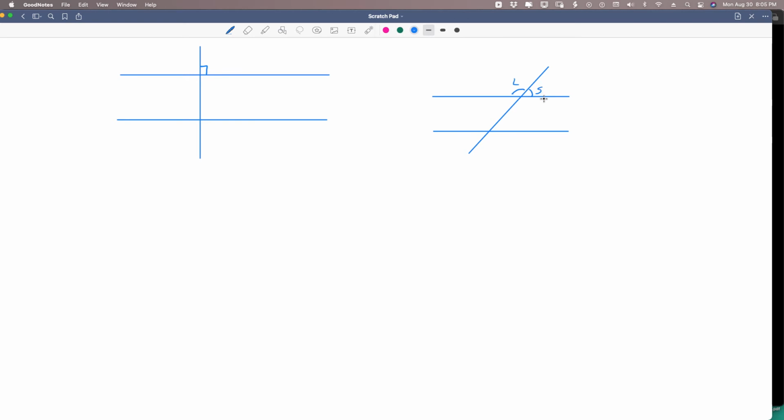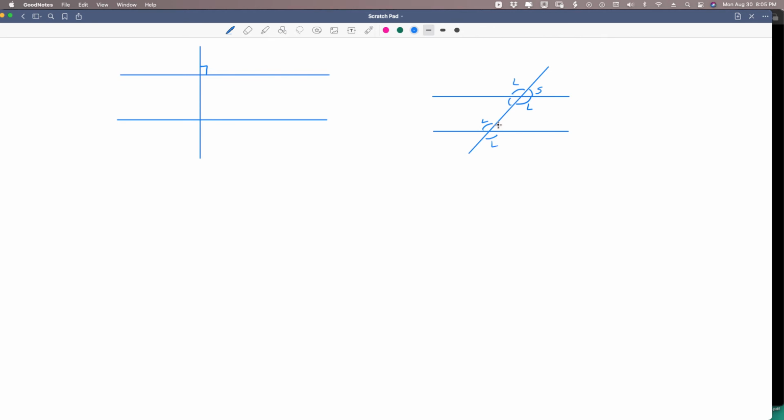So because we know that this is going to be congruent to this angle, this is a large angle as well. And because of the rule of parallel lines, we already know that this is going to be congruent to this. And because it's opposite this one, this is going to be the same measure. So we can tell without doing the math which angles are going to be congruent to one another. We don't have to get the degree of measure to know which ones are which.